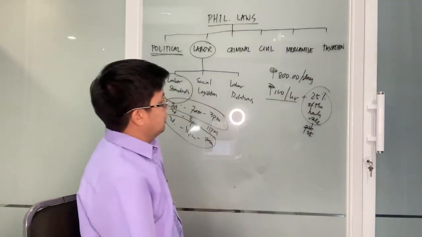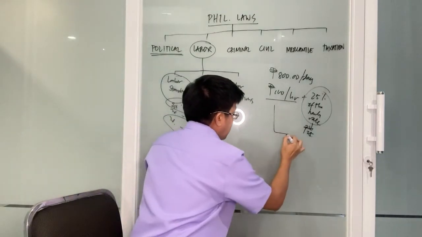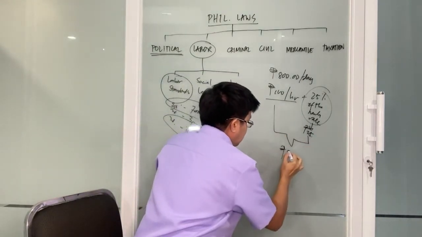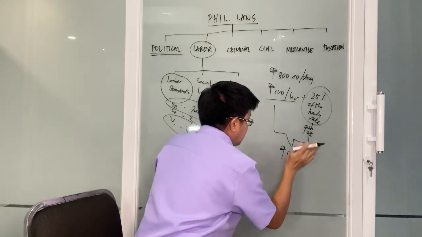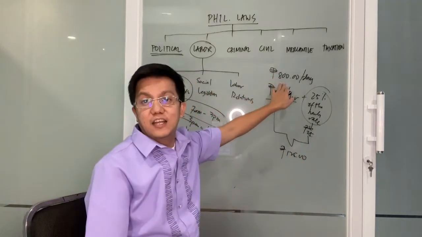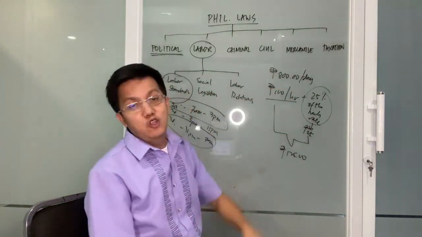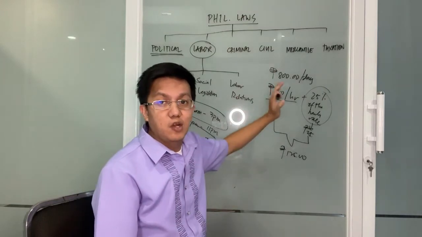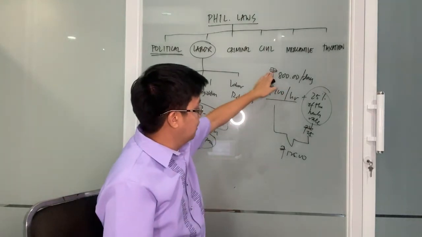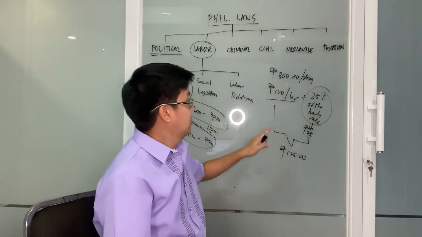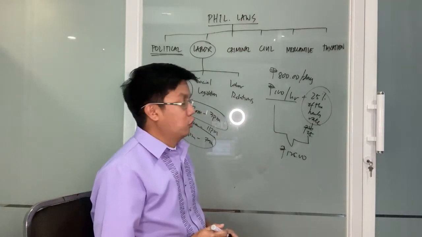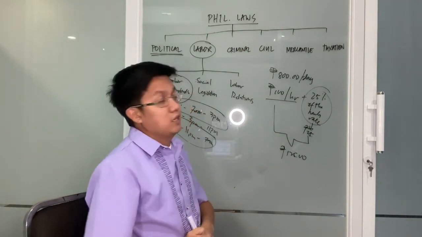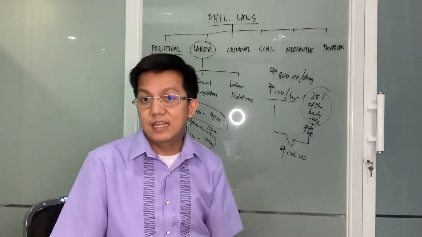So how much is your overtime pay? Your overtime pay here is 125 pesos. That is on top of your 800 pesos. So magkano yung sweldo mo on that particular day? That will be 800 plus 125 pesos. All in all, you earned 925 pesos on that particular day.